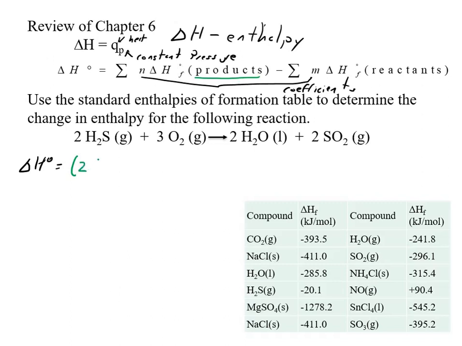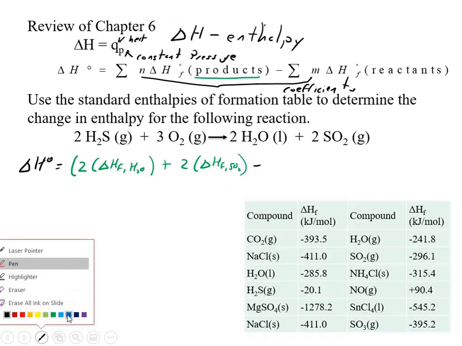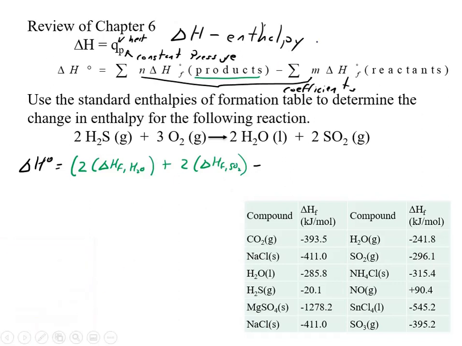So I have 2 times the delta H of formation for water as a liquid, plus 2 times the delta H of formation for SO2 as a gas, minus the reactants then.